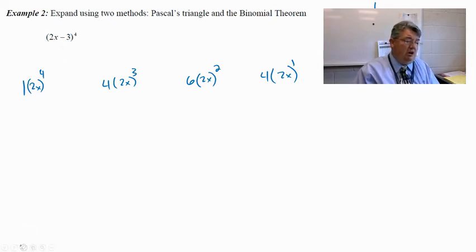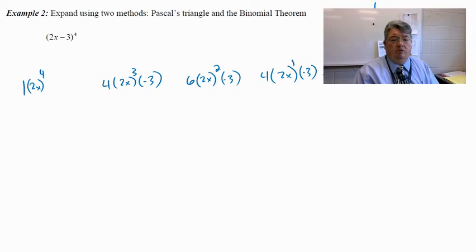Okay, now I'm going to take the negative 3, and I'll start back here. Negative 3, negative 3, negative 3, and negative 3. Okay, and I start back here with the power of 4, then a power of 3, then a power of 2, then a power of 1, and there we go.